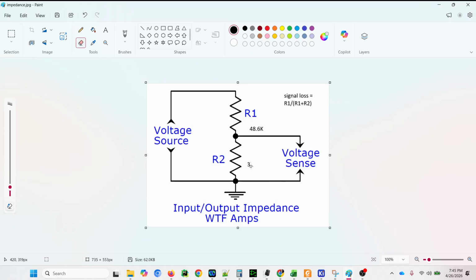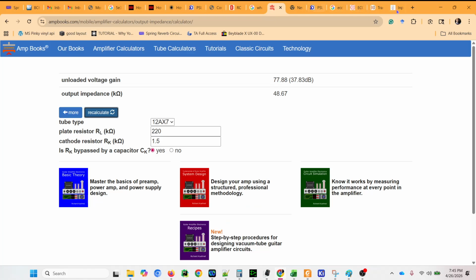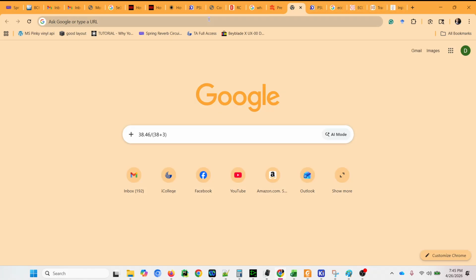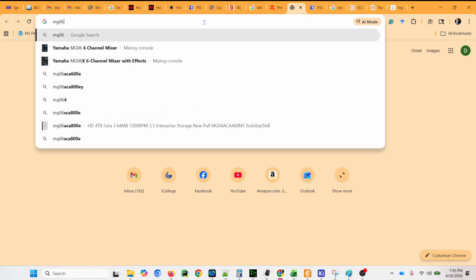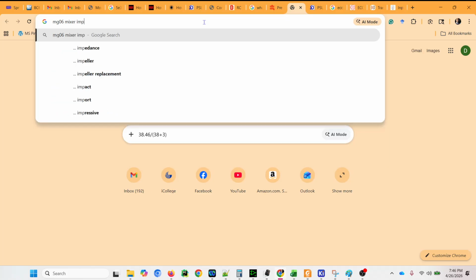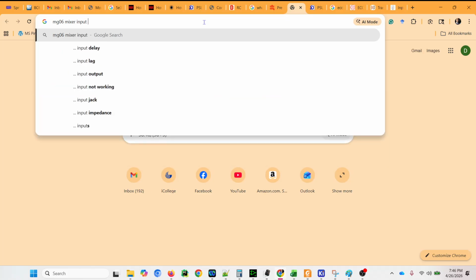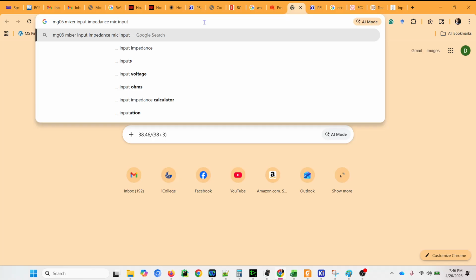I am going to look up the input impedance for the mixer that I want to connect my gear to. I'm going to go here and say, for the MG06 mixer, what is the input impedance for a mic input? Because when we run an XLR out, we're typically going to run that into a mic input in a mixer.